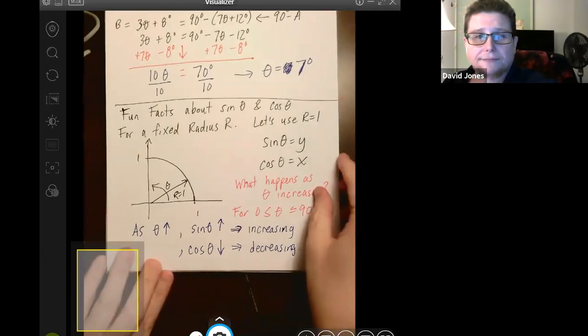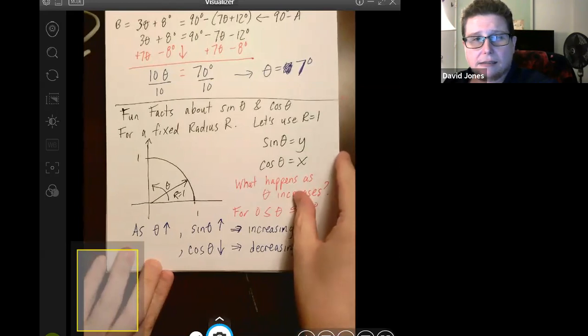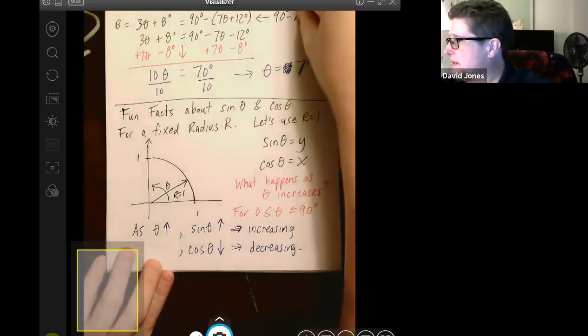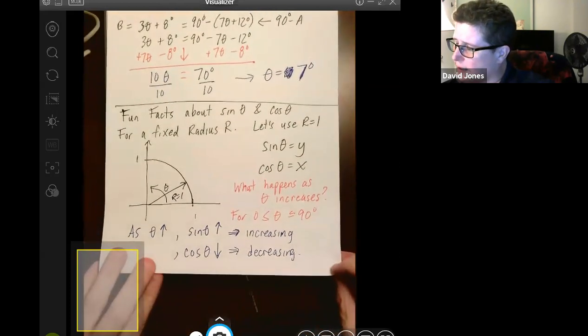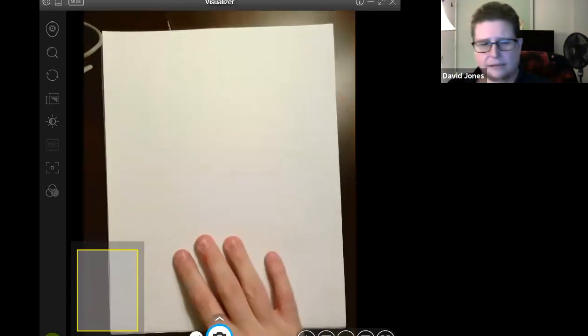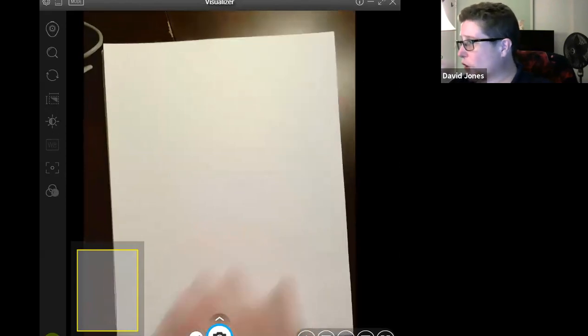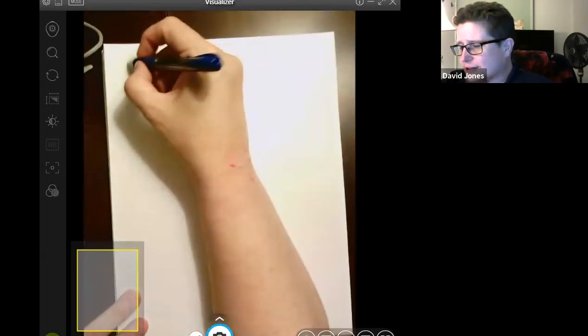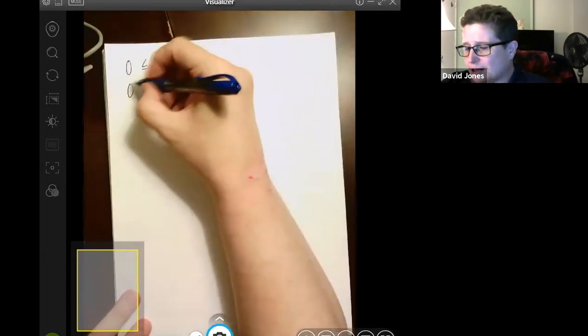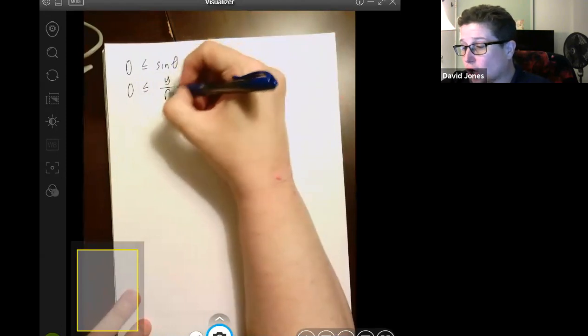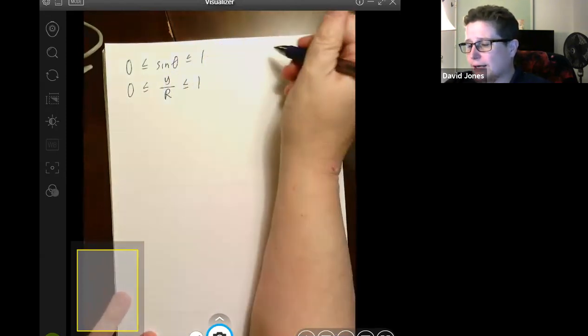Ready for some more? Actually, I'm going to write that for you in terms of r for any r. So looking at 0 is less than or equal to sine theta is less than or equal to 1, we have 0 is less than or equal to y over r, which is less than or equal to 1.